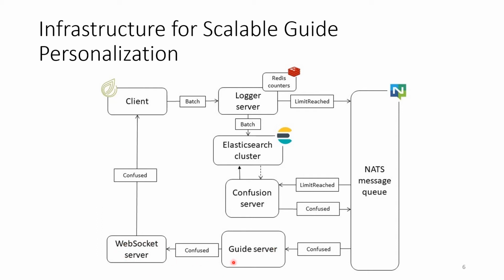There is actually a third component called the ESLF editor, which is used to define the guides and to define the rules when these guides should appear. In this work, we extended this infrastructure with these components responsible for detecting confusion, which I will talk about in more detail on the slides.